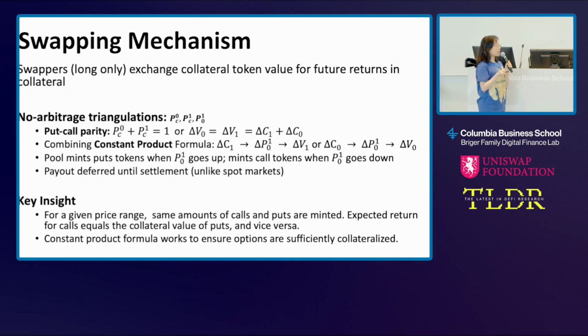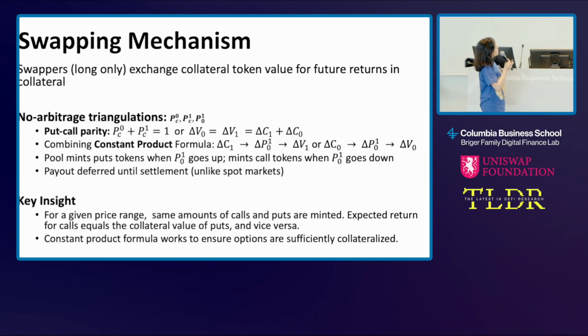The other condition that makes this possible is that the expected return for a call token happens to be the value of a put token. That's the put-call parity for binary options, which we combine into the constant product formula to make the 3 tokens exchangeable via a no-arbitrage triangulation in math, of course.